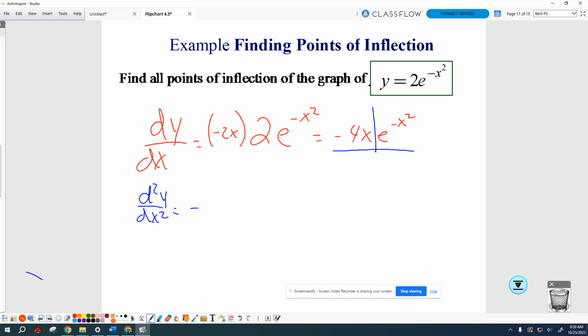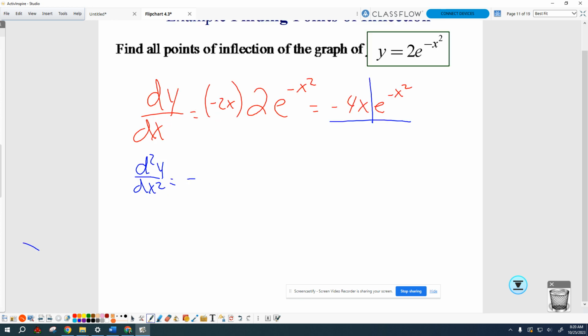Okay. Sorry, I didn't realize I had to do product rule. We're good. Massimo, are you done? What'd you get? I got negative 4e to the negative x squared plus 8x squared times e to the negative x squared.